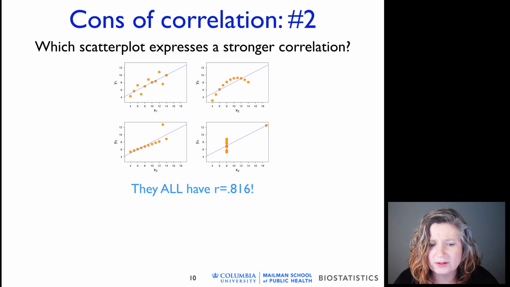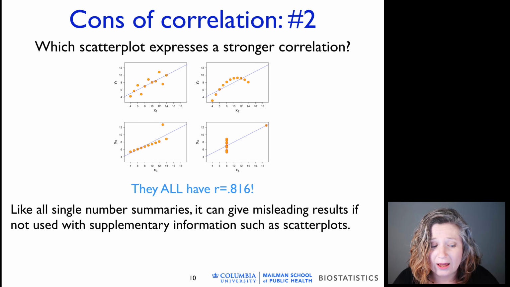The second scatter plot has a nonlinear association between x and y. It's quadratic, and in this case, correlation will give us a misleading number. The third and fourth both have outliers in different positions, and you can see that it really strongly affects how we measure the association between x and y.